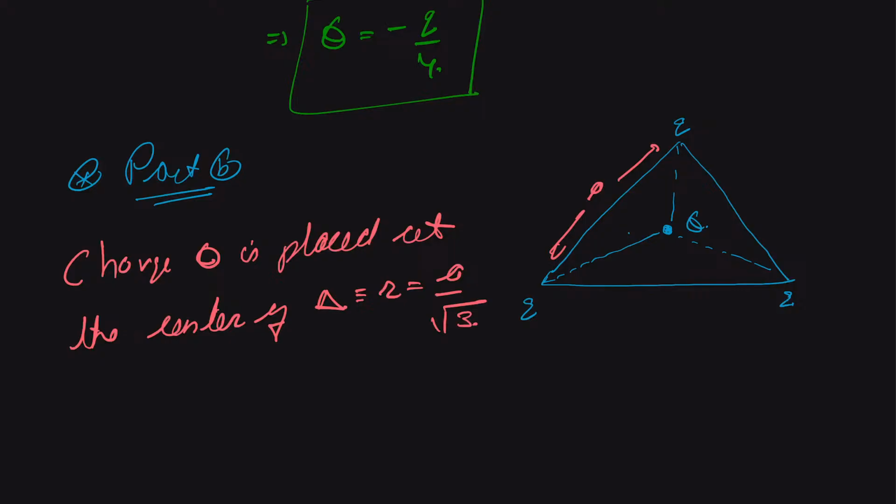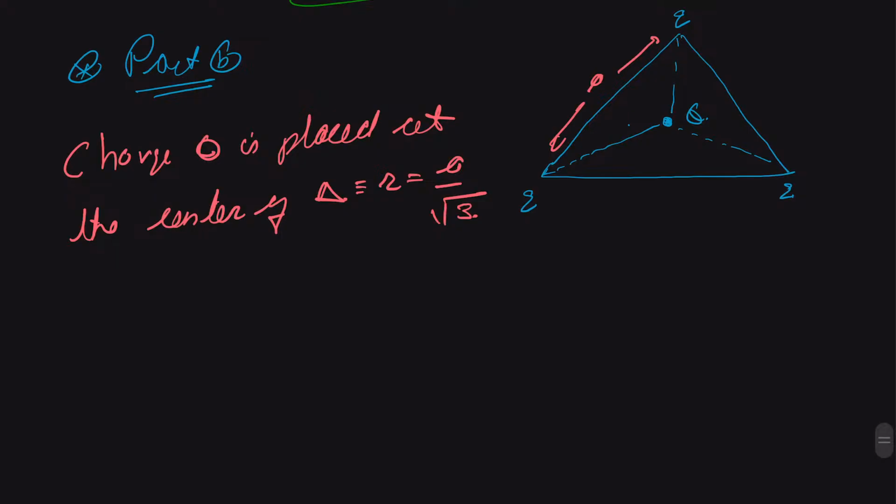By symmetry, we can clearly see that the force on this net charge capital Q will be equal to 0, because the distances are the same and the forces are going to balance out each other. Therefore, net force on Q is 0 by symmetry. There is no need to calculate it.